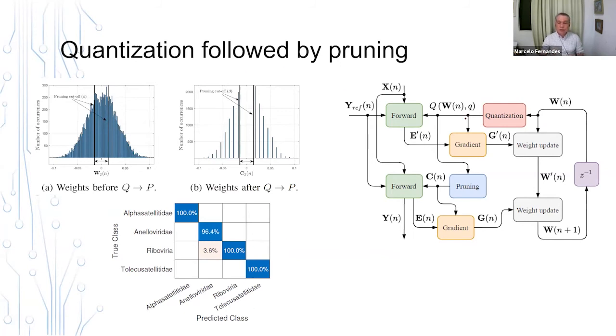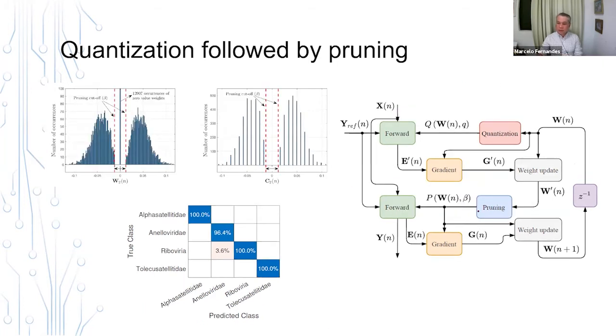We can have more aggressive quantization and pruning, and the accuracy of this strategy is better than pruning followed by quantization. And we have two approaches, this approach and our other approach, which is a little bit different.